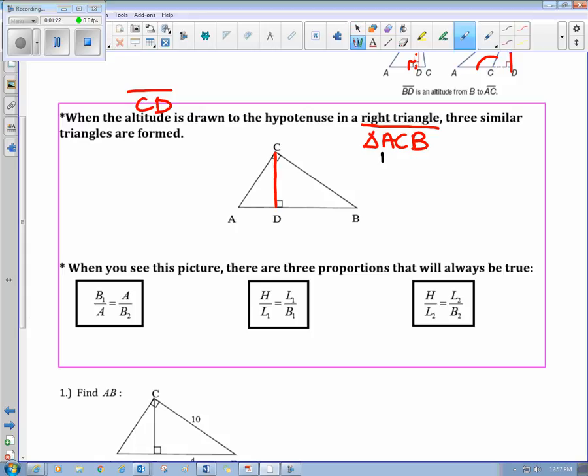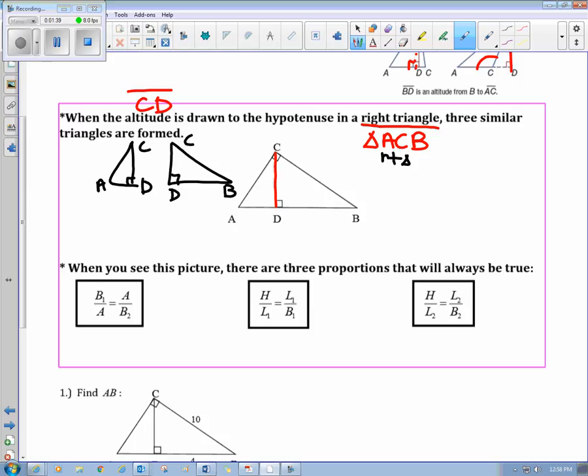The big triangle is a right triangle. And then the triangle over on the left, triangle ACD, is a right triangle, and then clearly the triangle on the right is a right triangle also. So there's three right triangles.